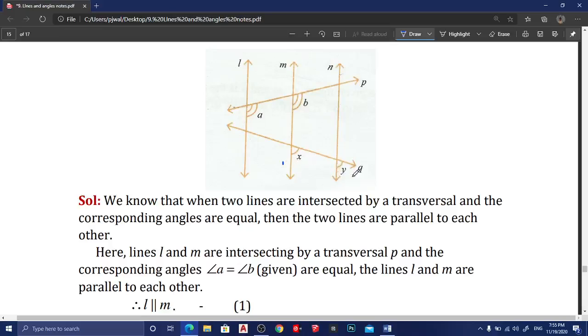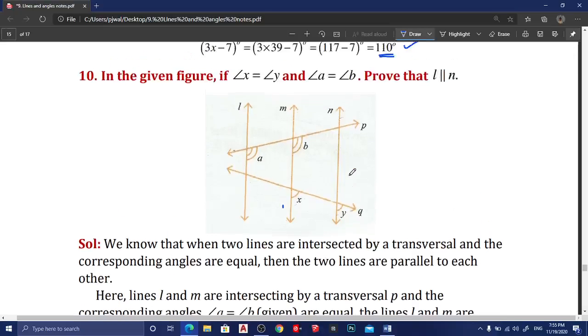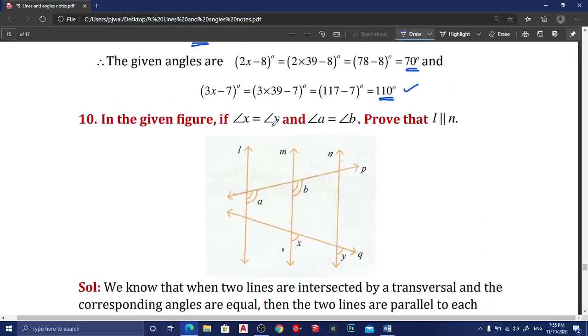Now this X and Y are the corresponding angles, because they are formed at the same place. Given in the problem, angle X is equal to angle Y.